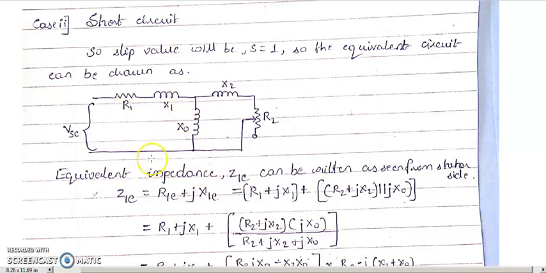Now we can see from here that R2 and X2 are in series, and both are in parallel with X0, right? So I can see R2 plus jX2 parallel with X0. After doing the value, I'm going to get an impedance over here, which again will be in series with this, right?